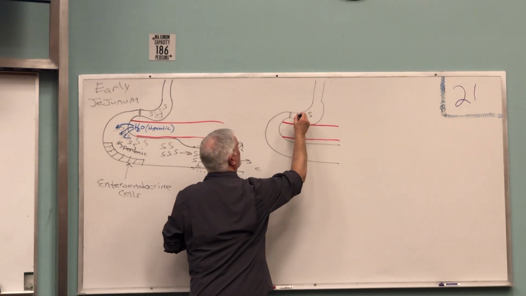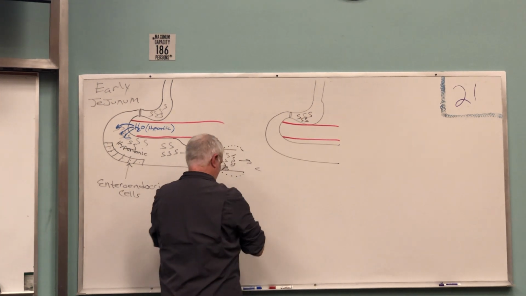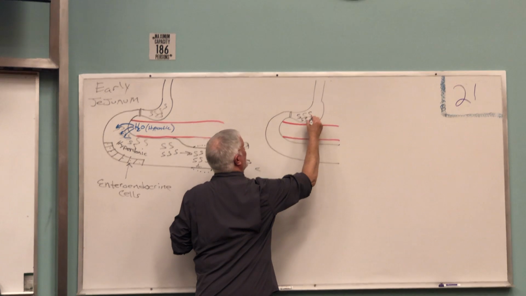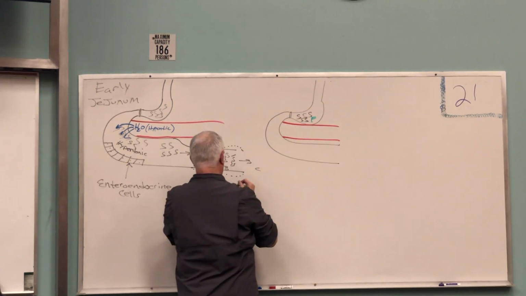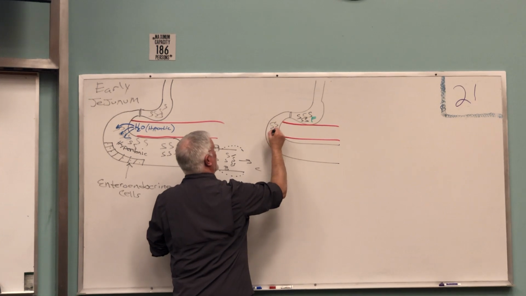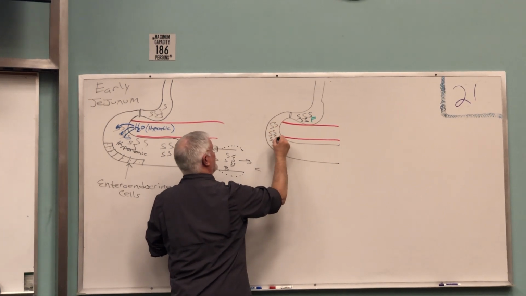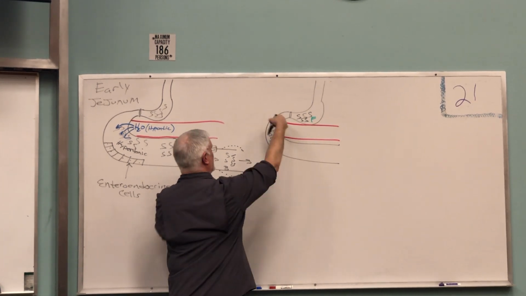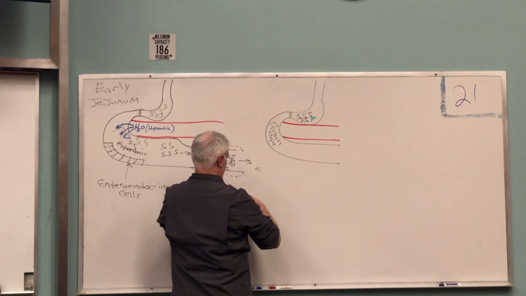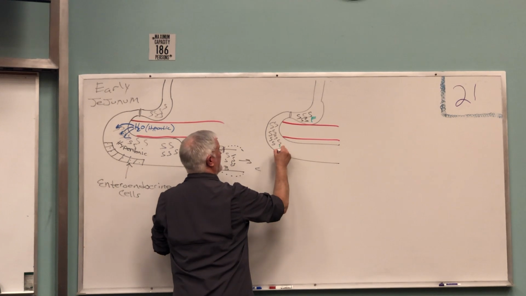Let's give ourselves 5 black S's, 1 green F there. We're going to put 1, 2, 3, 4, 5, 6, 7, 8 S's in the duodenum, kind of coming down into here. We'll put 2 green F's in here.